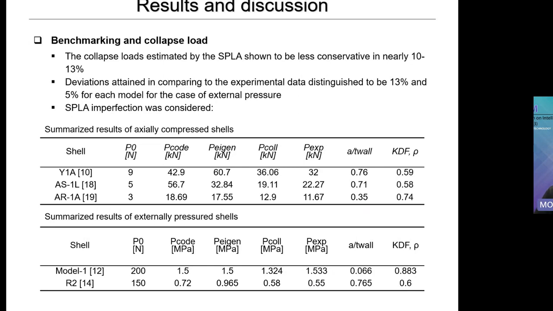And then of course, if we make a ratio between experimental load and the collapse load, we produce a knockdown factor in the right column of the table. The top table shows the results of the axially compressed shell, while the bottom table shows the results of the externally pressured shells.